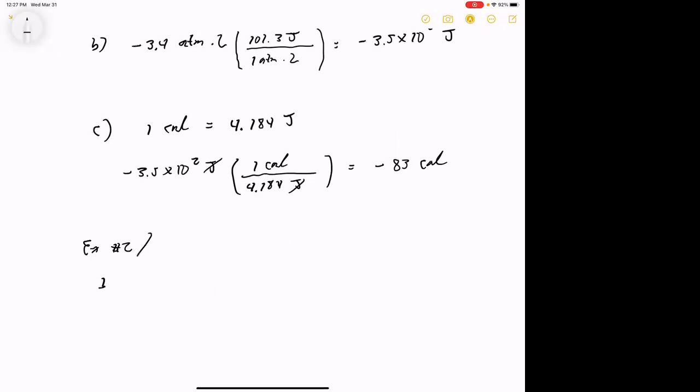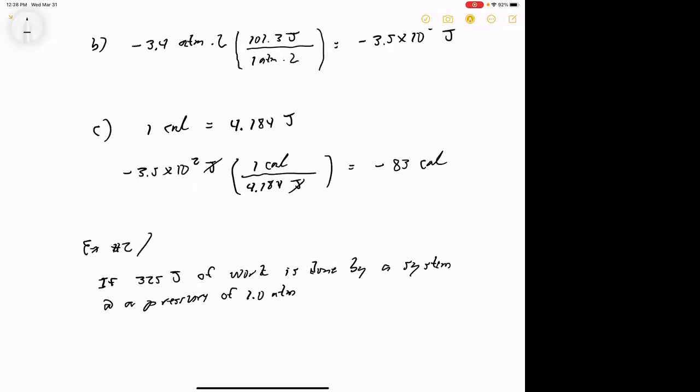All right, so let's say 325 joules of work is done by a system at a pressure of 1.0 atmospheres and 298 Kelvin. What is the change in volume of the system?